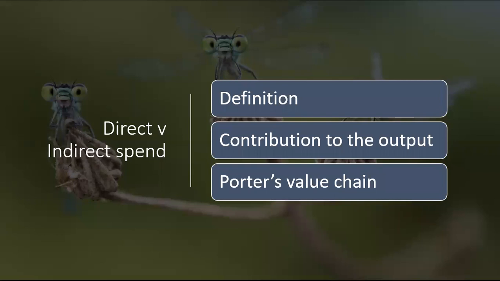For example, Porter's value chain has two major groups of activities, including primary activities and secondary activities. Primary activities like operations, inbound logistics, outbound logistics, sales and marketing, and after-sales service often have linkage to direct spend, and secondary activities will have linkage to indirect spend.